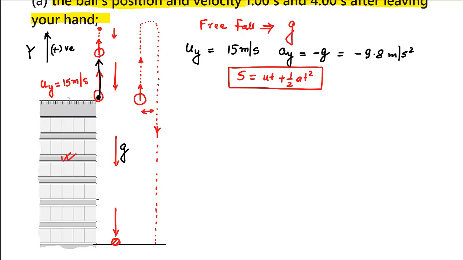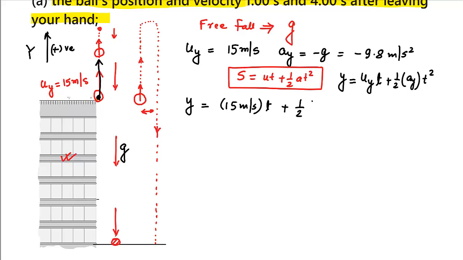So let's say if I write the same expression for the y axis, we can write y equals u_y t plus half a_y t square. Let us plug in these values. So y equals initial velocity 15 meter per second times t plus half, acceleration is nothing but 9.8 with a negative sign, meter per second square, times t square.